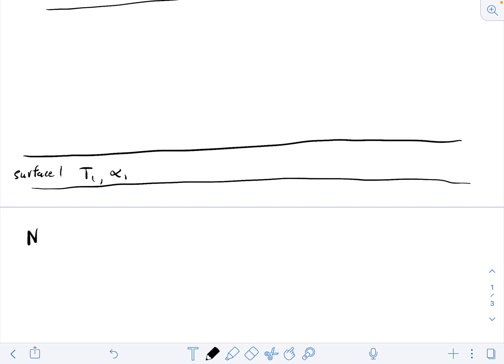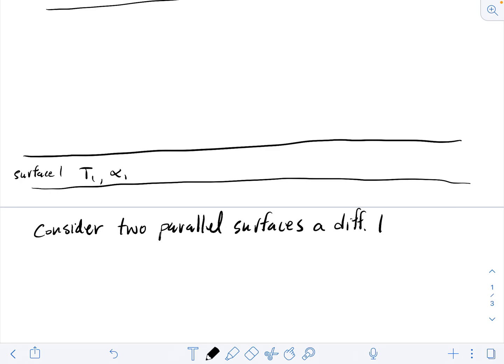So we'll come back to this picture and add things to it. So we consider two parallel surfaces at different temperatures.